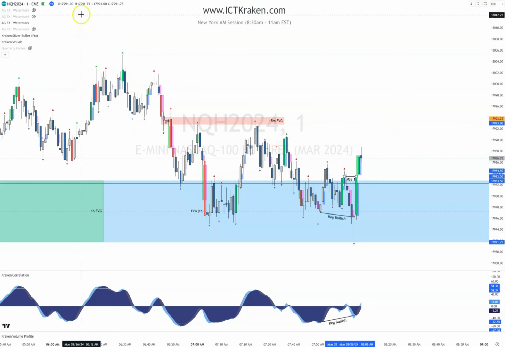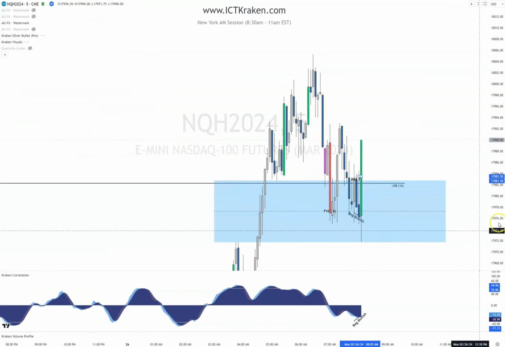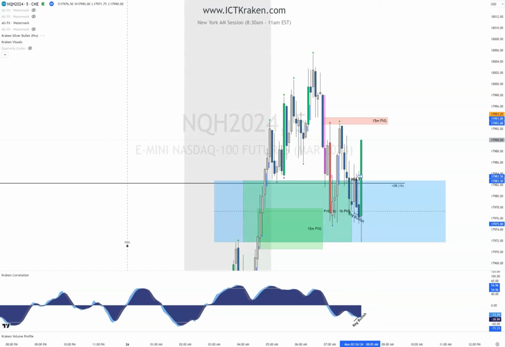Okay, so let's look at the 5 minute here. Let's go to the 5 minute. Okay, so 5 minute. We have an inversion fair value gap right here on the 5 minute. So it's a fair value gap that just got traded beyond, closed beyond.